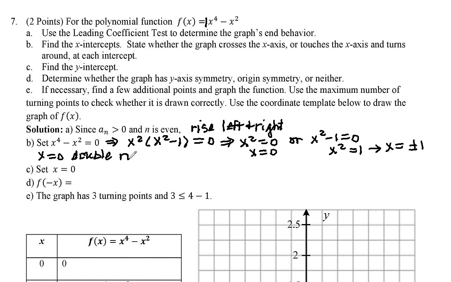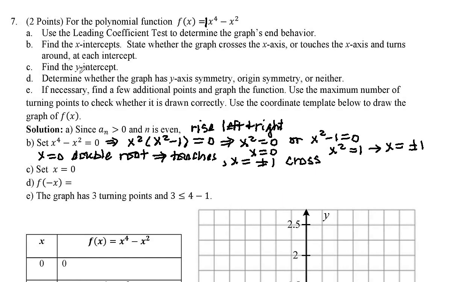And the double roots are where it touches and then turns around. So there it just touches. But x plus and minus 1, those are both single roots. So x equals plus or minus 1 are where it crosses.